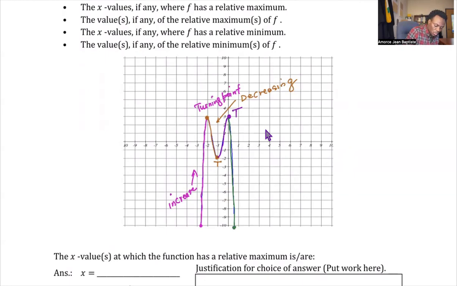So this is an increase, and then also that is a decrease. So in a graph, you can have multiple pieces where you're moving up, moving down, moving up, moving down.